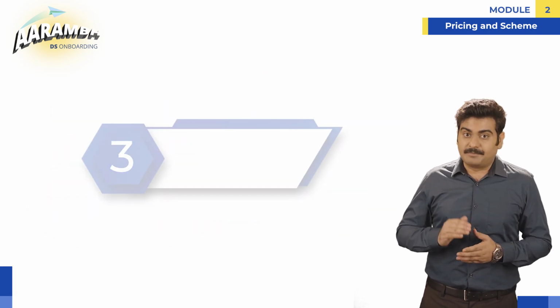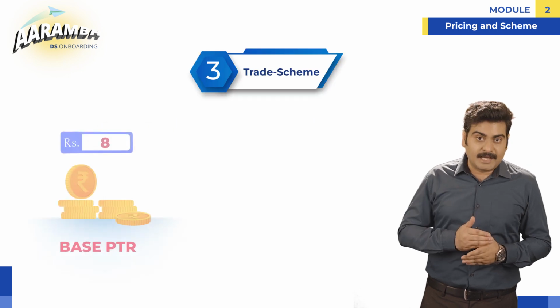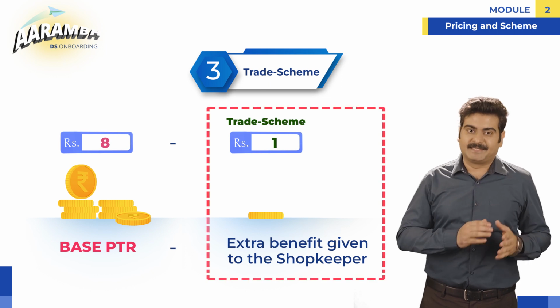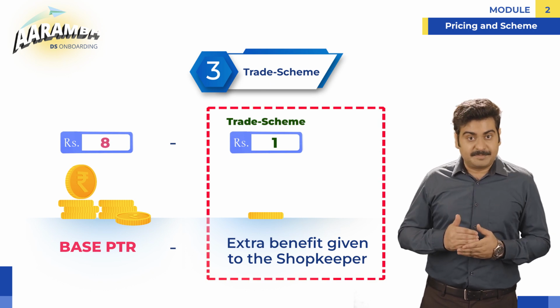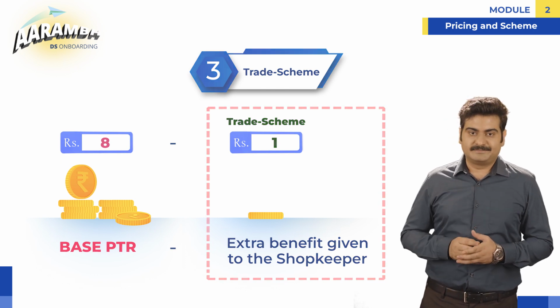After the base PTR, let's understand trade scheme. The additional discount given on top of base PTR is called trade scheme. Here, base PTR is rupees 8 and trade scheme is rupees 1.